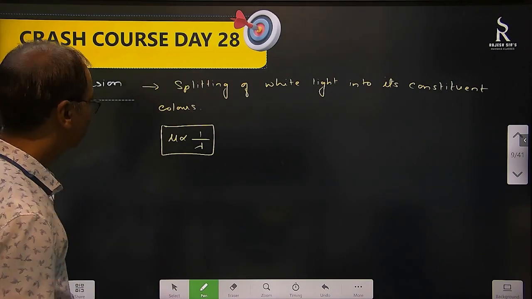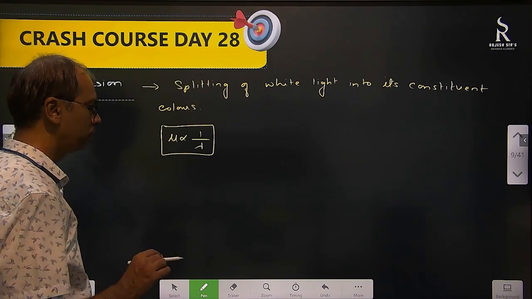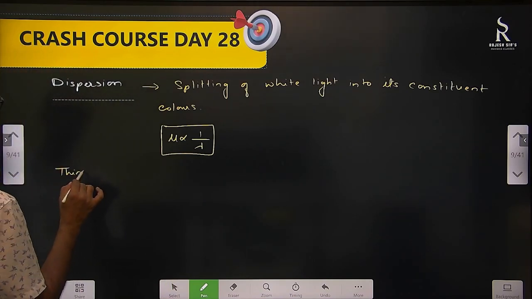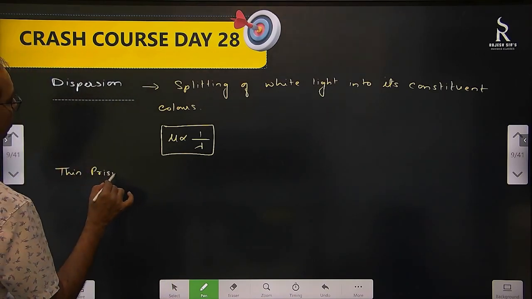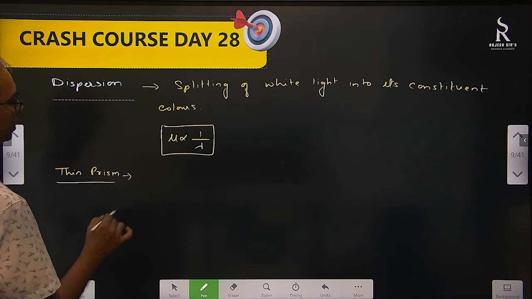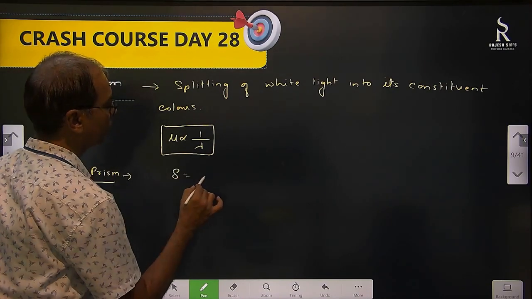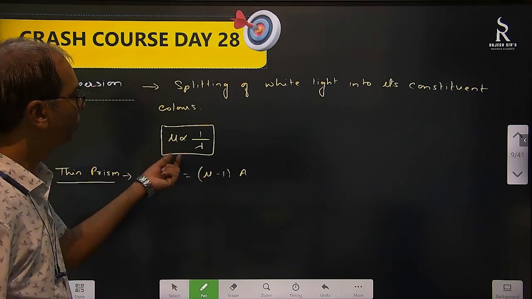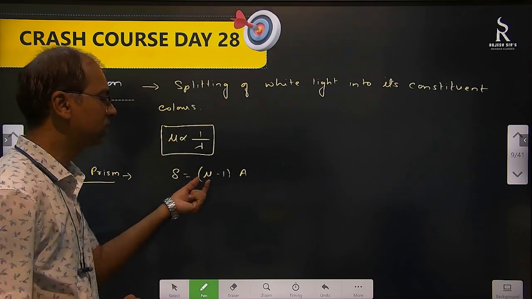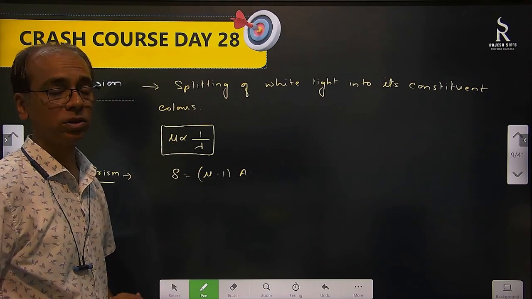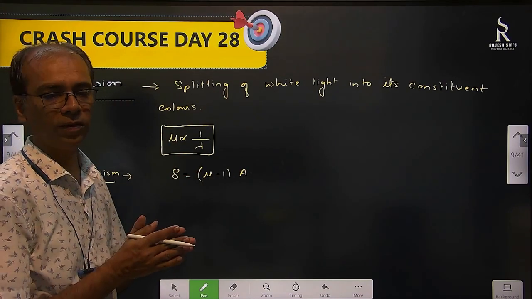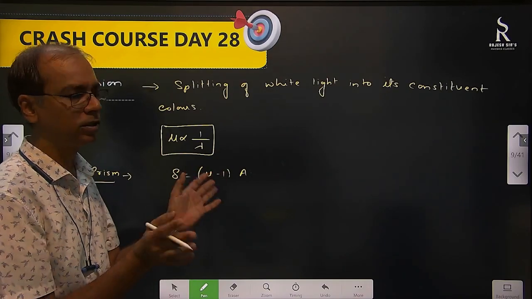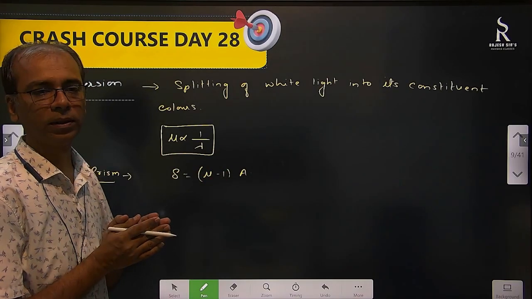And when we talk about dispersion, we are going to talk about a thin prism. Now, a thin prism says delta equals (mu minus 1) times A. So if mu for every color is different, that means the deviation for every color will be different. So since the deviation for every color is different, through the prism we can see all the colors split from the white light.